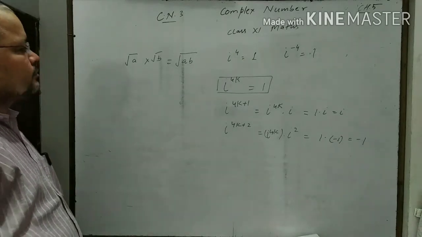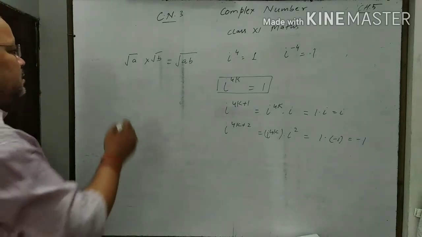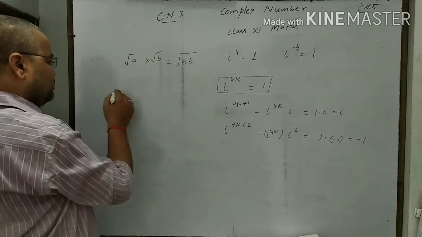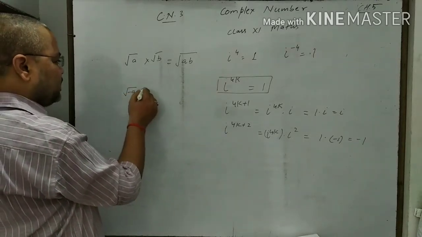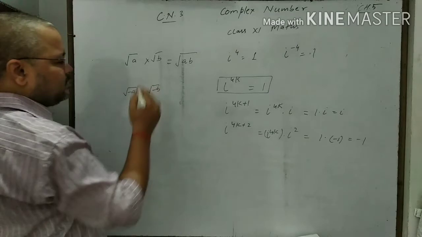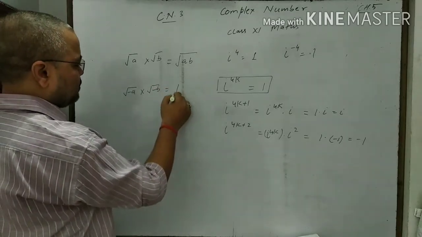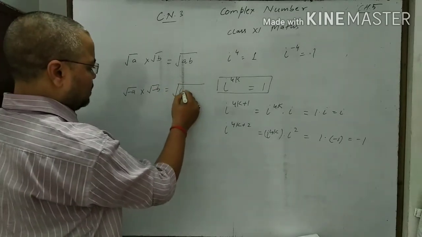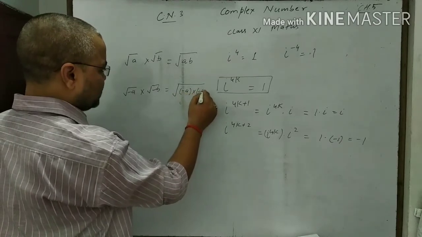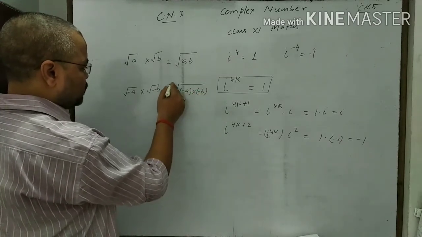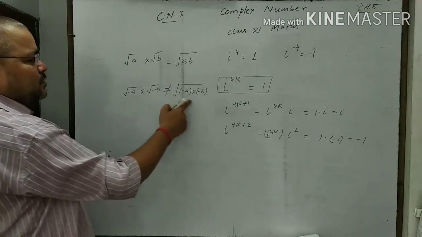But if we have under root minus A into under root minus B, then under root of minus A into minus B is not true.